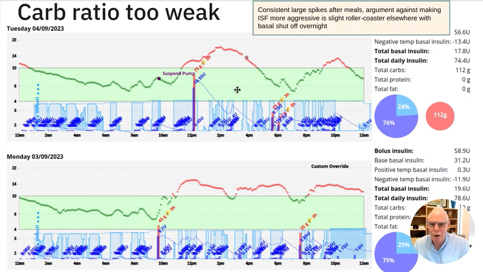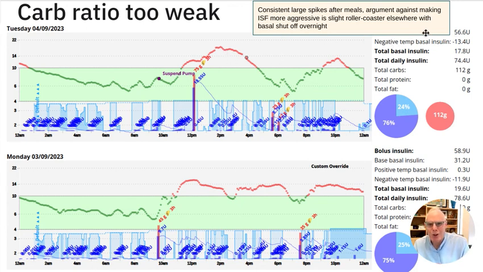Carb ratio is too weak. I asked you to look at the first couple of hours after the meal, seeing if it's high. We have high sugars post-meal, so you would not be wrong to increase the carb ratio.